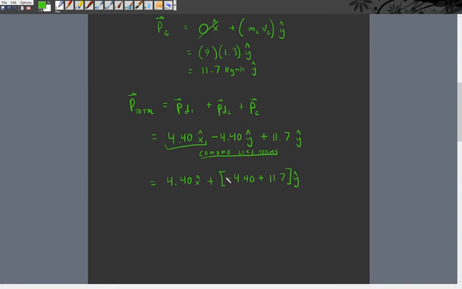You could use parentheses if you wanted to, just a style choice. So I already know my overall component for x-hat. Let's work this out. Negative 4.40 plus positive 11.7 is going to be really close to 7.30 in the y-hat direction. And that's it. If we want to find the total momentum in unit vector form, we've done it.